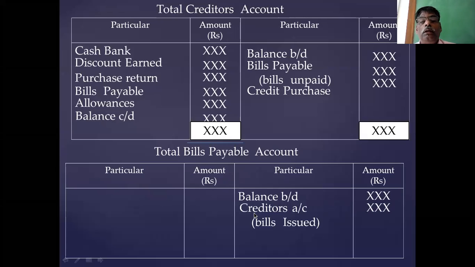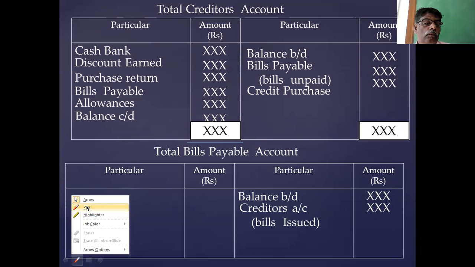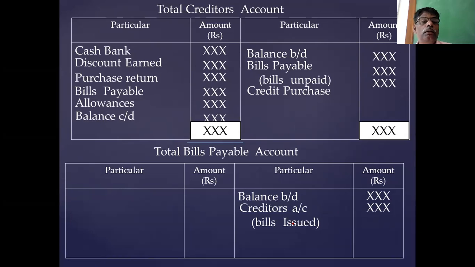By balance brought down, it is the opening balance of bills payable. Next, by creditor. By creditor means bills payable issued. This comes from the creditor's account. Remember this point. You see here, here is the bills payable. This bills payable comes to the bills payable account as by creditor. Remember this.